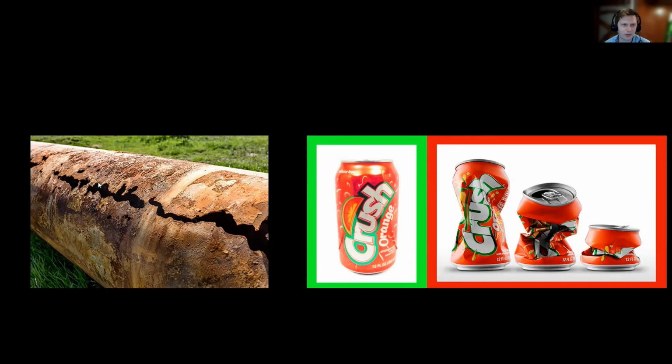from a mechanical and structural viewpoint. If you think of what happens to corroded pipes, for example, they break very easily. Another perspective on this would be aluminum Coke cans. They're basically cylinders as well.